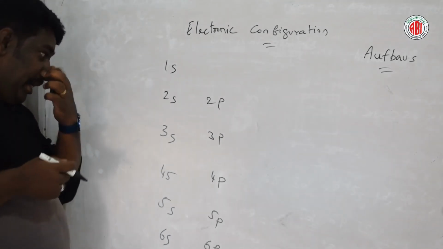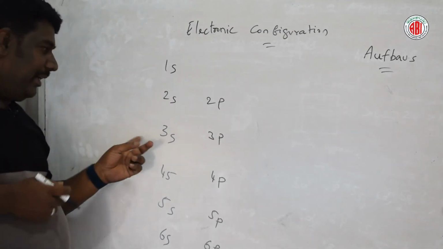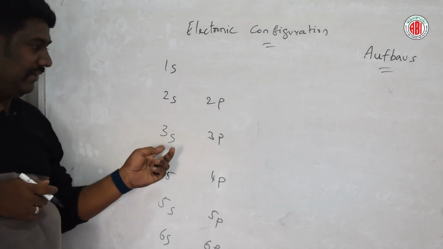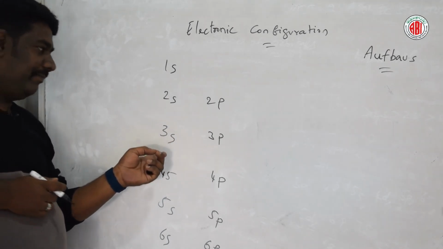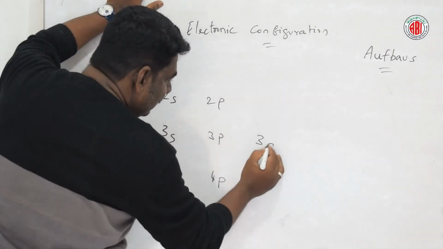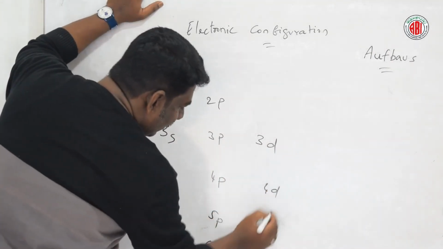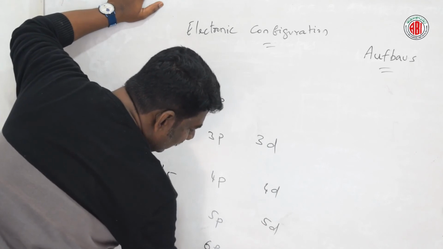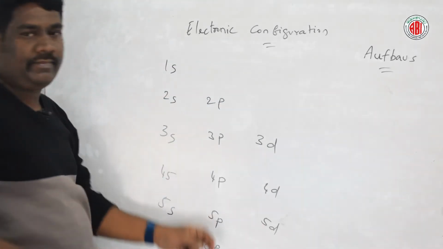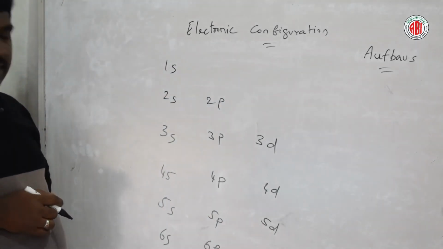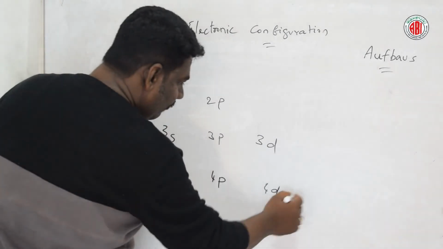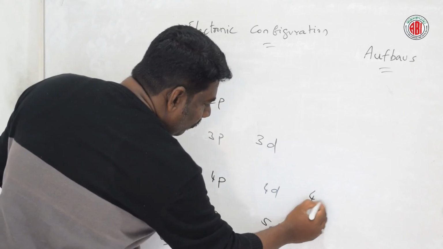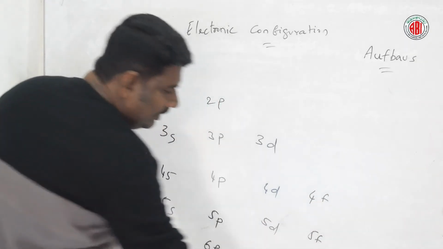The d orbital starts from the principal quantum number 3, that means 3d starts from here: 3d, 4d, 5d, 6d and 7d. Similarly, the f orbital starts from the fourth level: 4f, 5f, and it goes on.